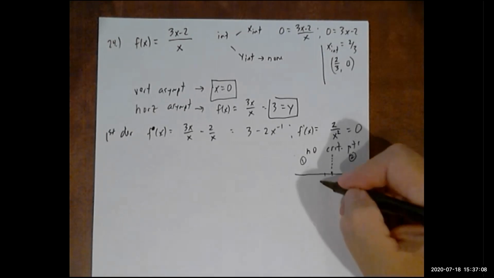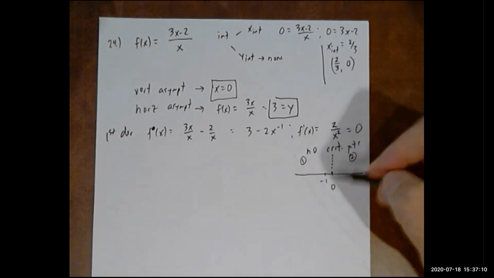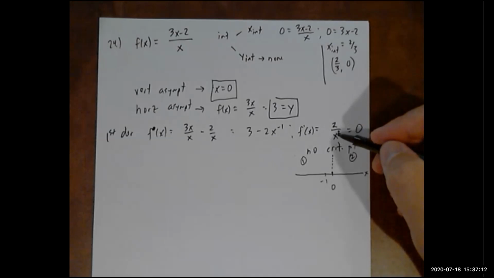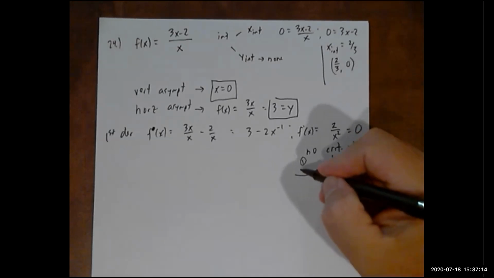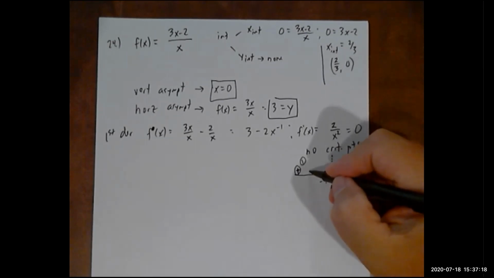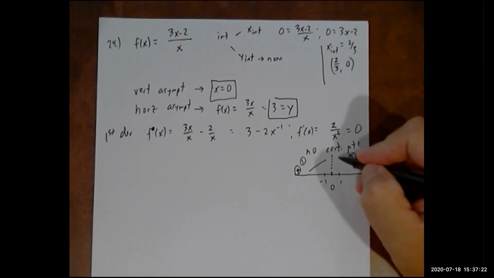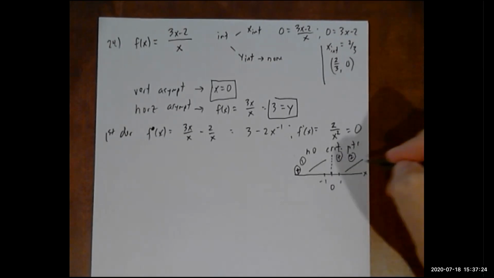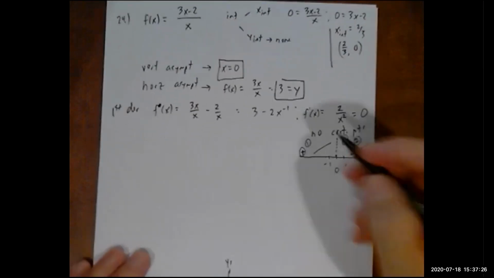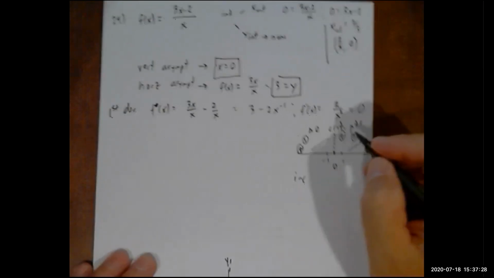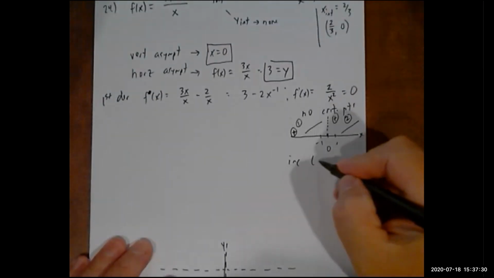So let's take -1, plug it into my first derivative, and see what my sign is. Well, since it's squared, it's going to be positive, which means it's increasing. If I plug in 1, it's also positive. So both these regions are increasing. So once again, I have two increasing regions.